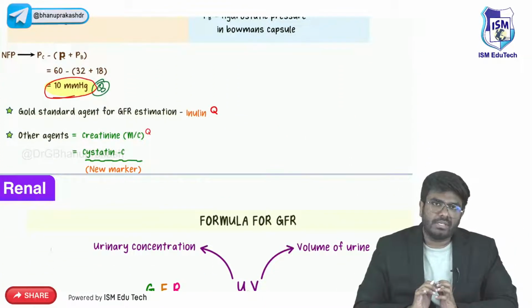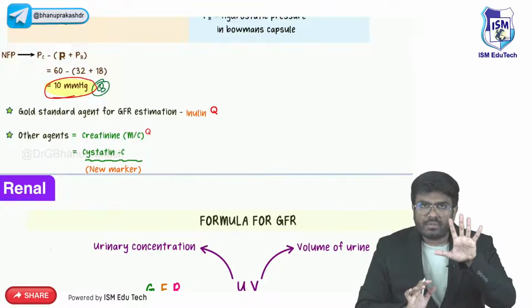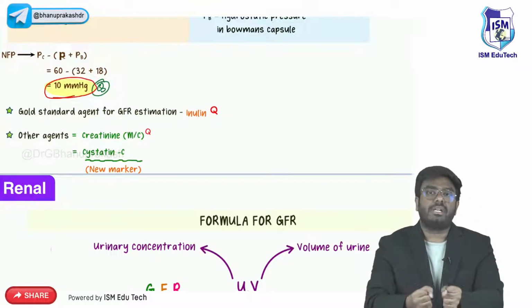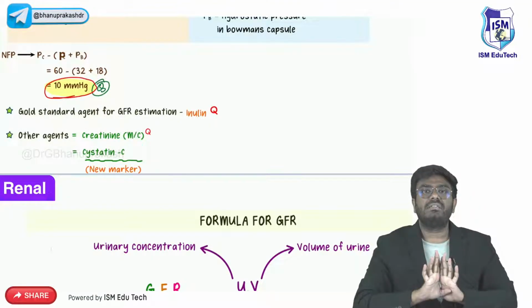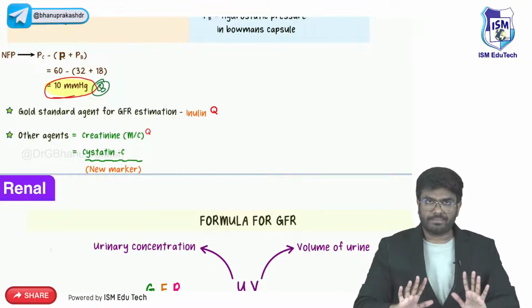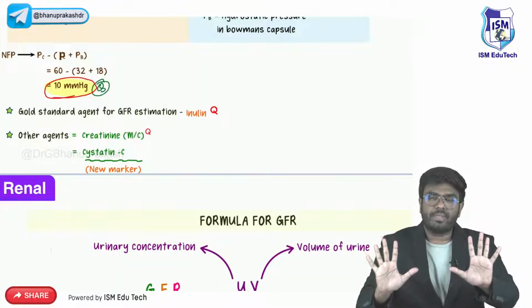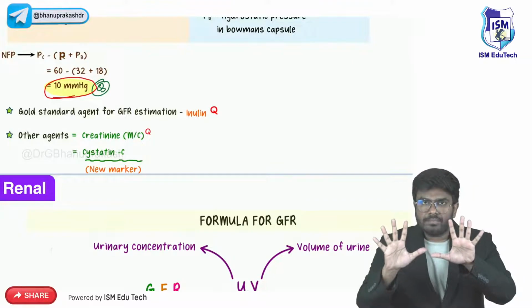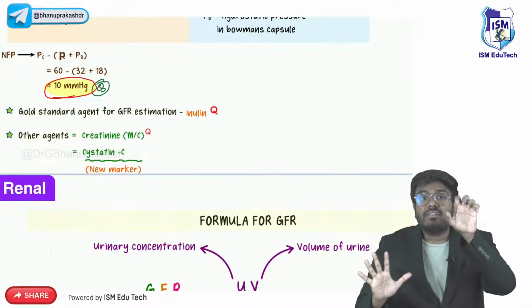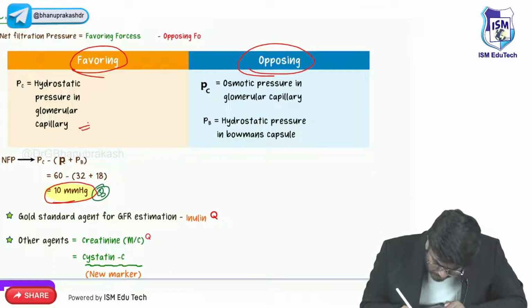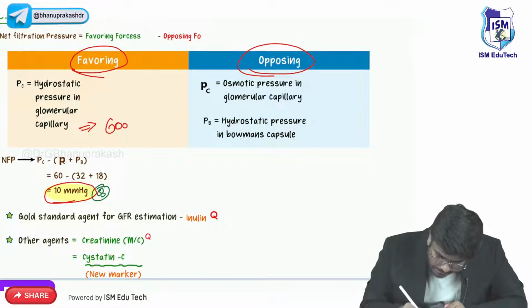What they will ask you is, there are certain favoring pressures, some pressures which will favor the glomerular filtration. There are certain pressures which will oppose the glomerular filtration. In between them, there is a difference. For example, the favoring pressure is 60 mmHg.